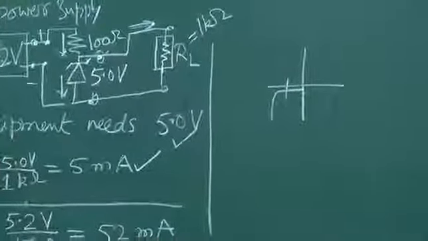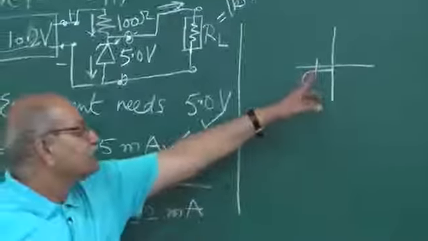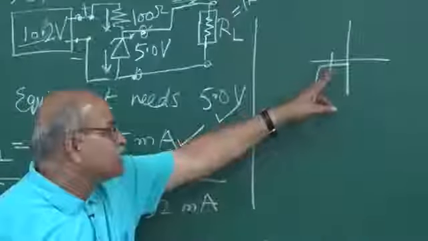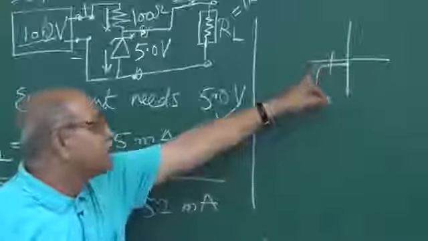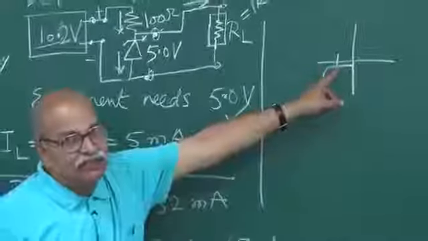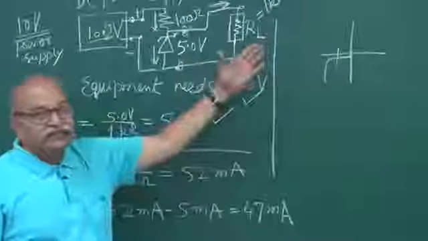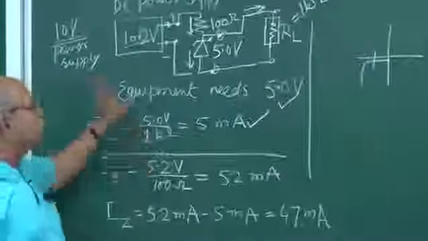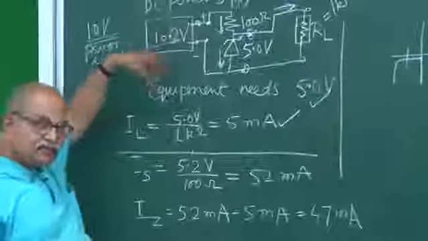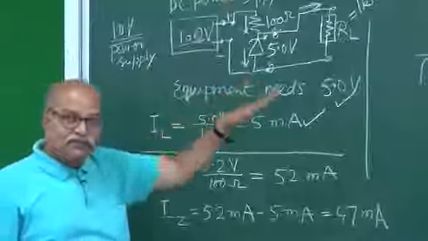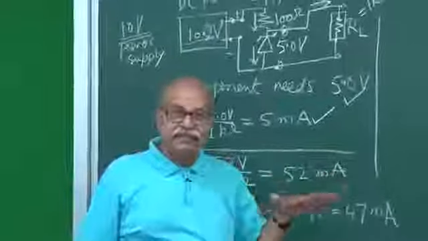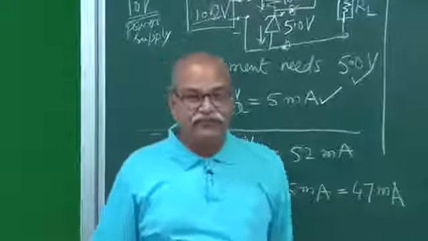Then it is not true that your current changes but voltage does not change. In fact, the current through the zener does not change much and the voltage can change. So this has to be more than the breakdown, that's it. After that, let it fluctuate and it will give you a constant DC voltage.